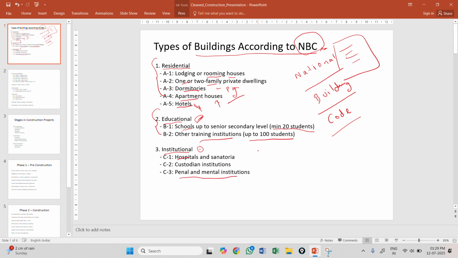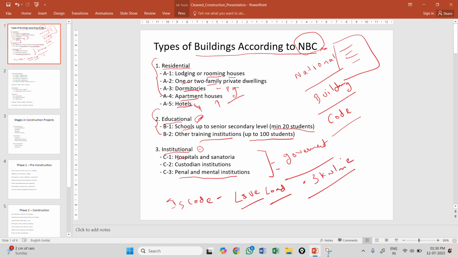Normally in India, whatever the government buildings are, we consider them to be institutions, because when you check the IS code books, they mention the live load. If you have observed, for a residential building the floor load is 3 kN per meter square.